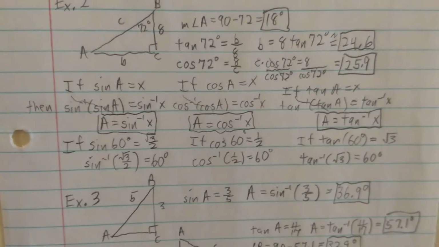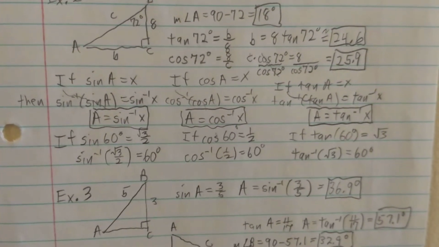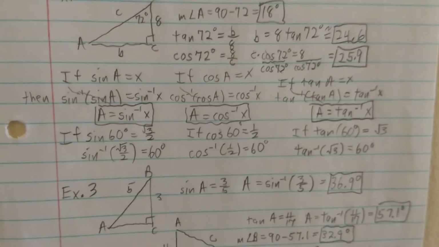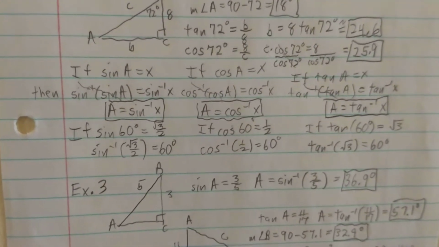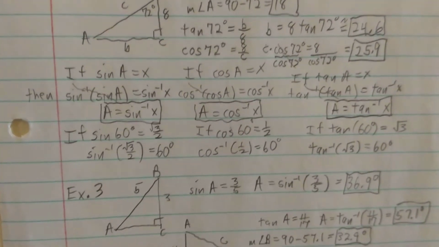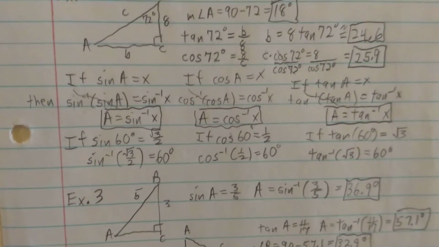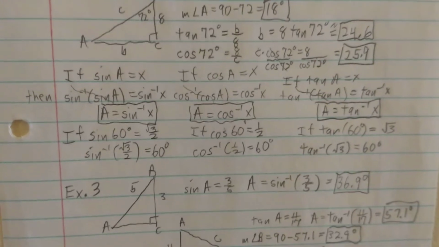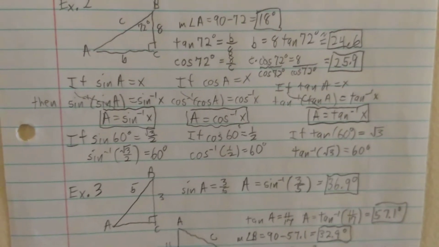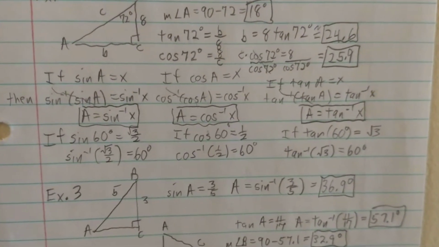Now, in general, if sine A equals x, then taking sine inverse of both sides, we can say that sine inverse of sine A, now sine inverse and sine cancel each other, leaving just the angle A. That's how we get angles: A equals sine inverse of x.